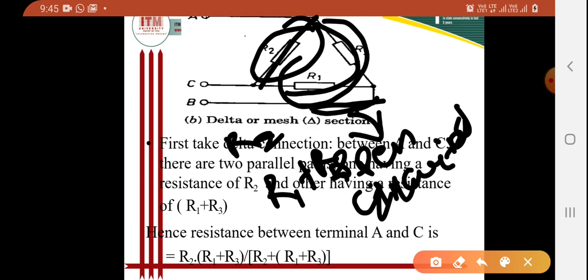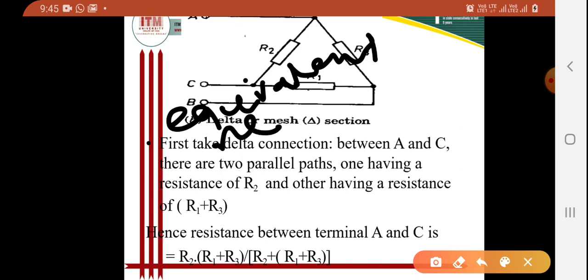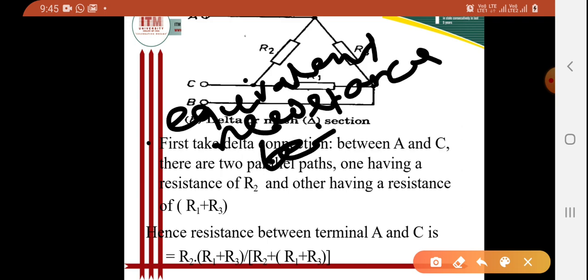If we are calculating the equivalent resistance between A and C, what can I write? One path is R2 and the next parallel path has resistance R1 plus R3.